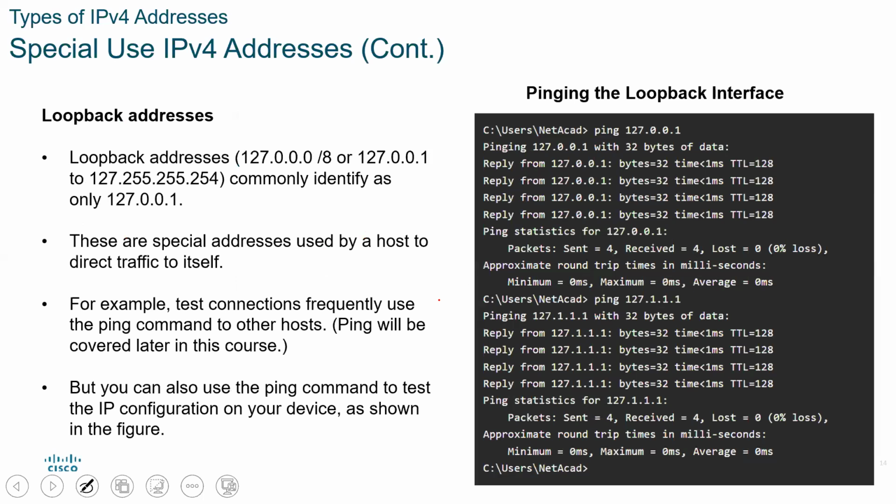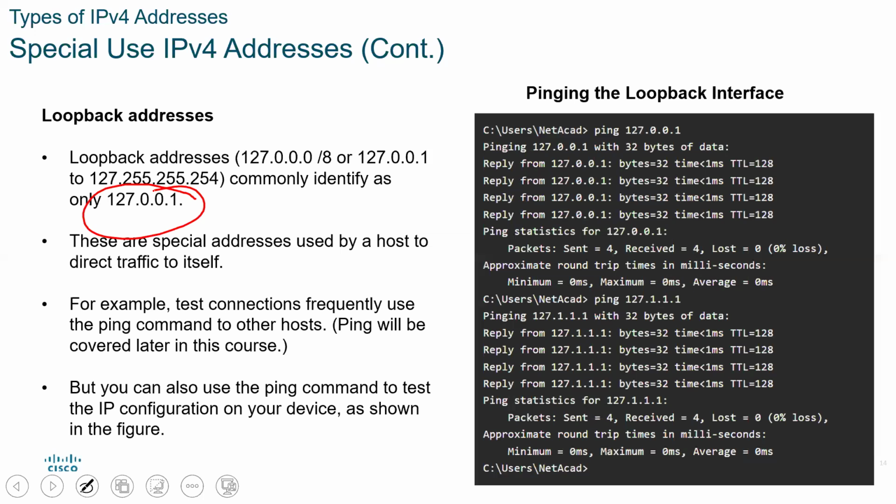Then another special IP address is called the loopback address, 127.0.0.1. It's a special address that is given to a host, like the network interface card.